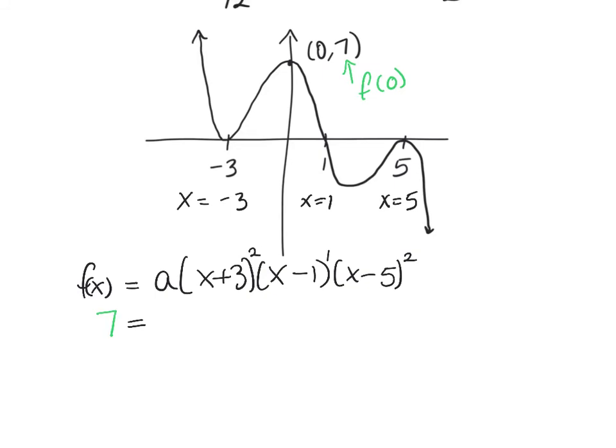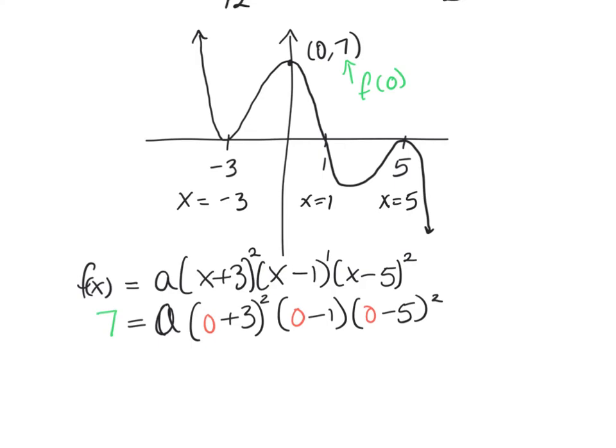So 7 is equal to a, and then I put 0 in, plus 3 squared, then 0 minus 1 raised to the 1, and then 0 minus 5 squared. Now what do I do?